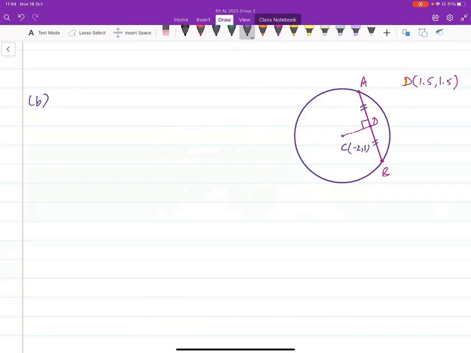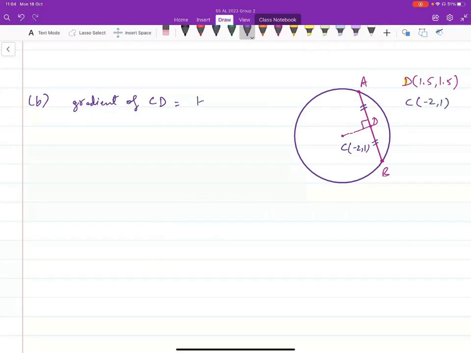Okay. So now that we know this, the rest is pretty straightforward. What you can do is find the gradient of CD. Let's find that. Gradient of CD. That's y2 minus y1. D coordinates में यहाँ पे, C coordinates में यहाँ पे लिख लेते हैं, that's -2 and 1. Let's find the gradient.